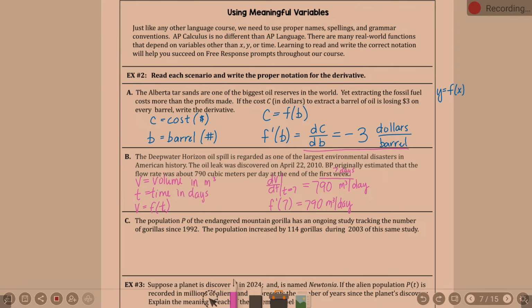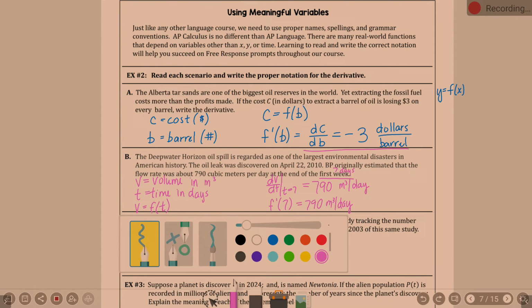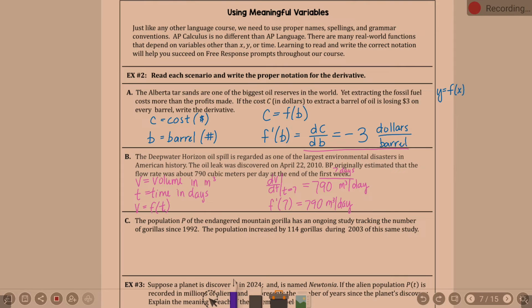Okay, shall we talk about some gorillas? The population P of the endangered mountain gorilla has an ongoing study tracking the number of gorillas since 1992. The population increased by 114 gorillas during 2003 of this same study. Okay, they told us to use population P, P for population.